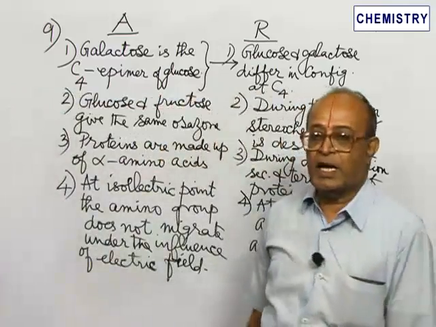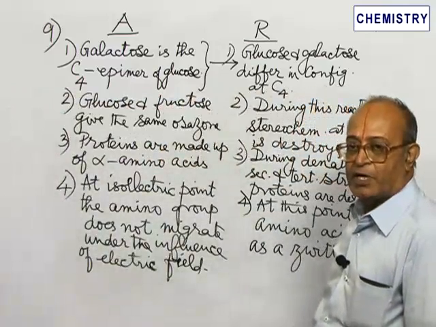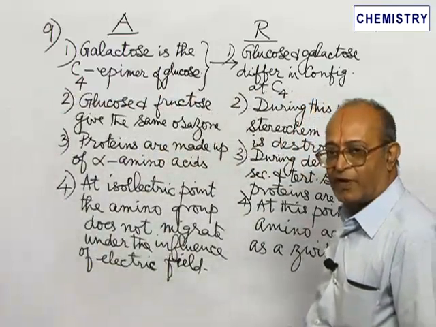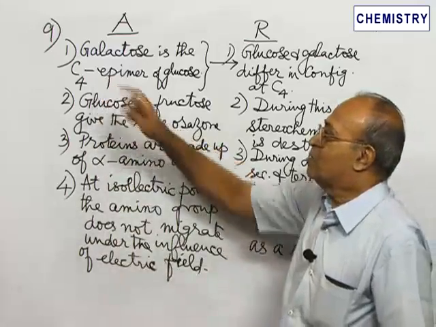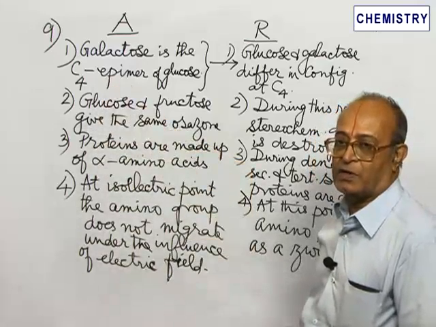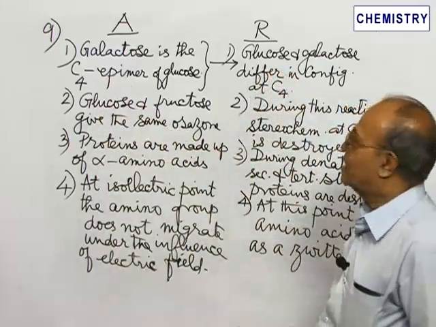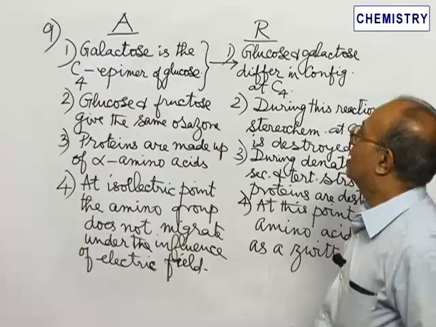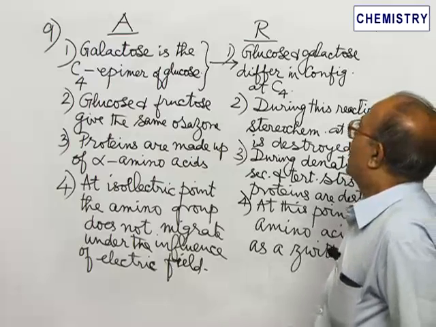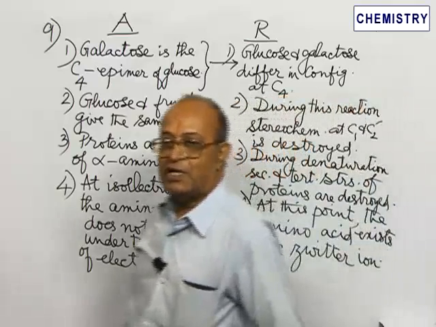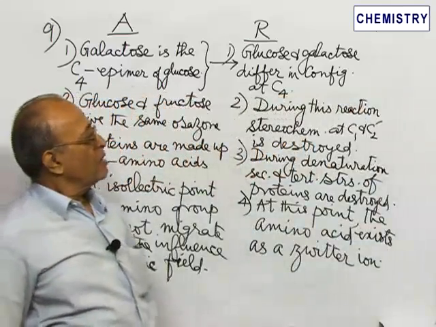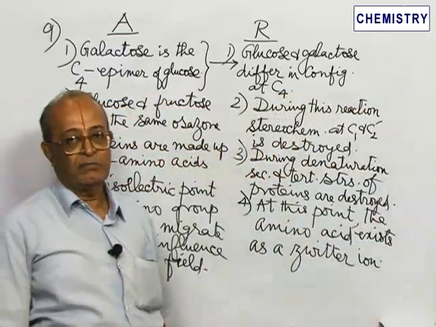Glucose and galactose are epimers because the configuration around carbon number 4 will be different. All right, the corresponding explanation, let us see under column R. Glucose and galactose differ in configuration at C4.